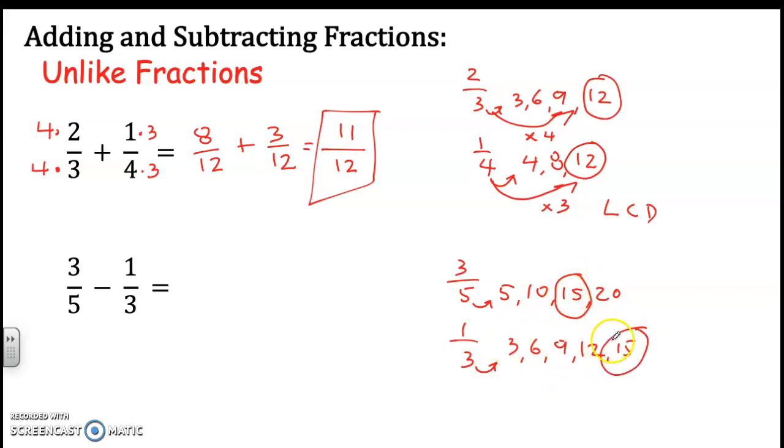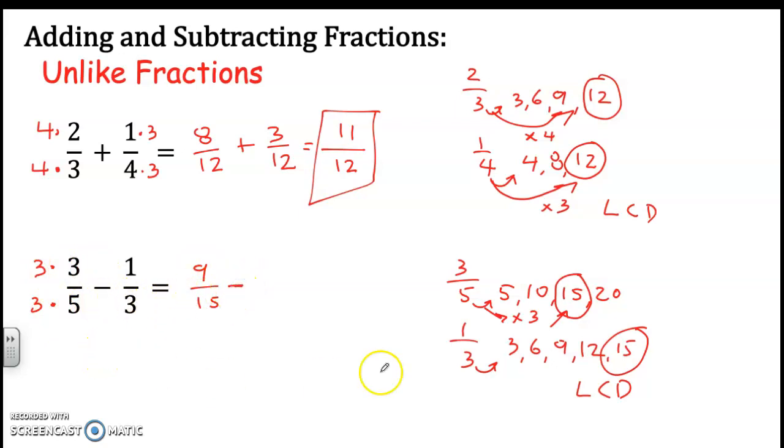I found my least common multiple, least common denominator, which is my 15. Same idea. By what number did I multiply the 5 to get 15? I multiply times 3 to get 15. Therefore, times 3, times 3. 3 times 3 gives me 9. 3 times 5 gives me 15.